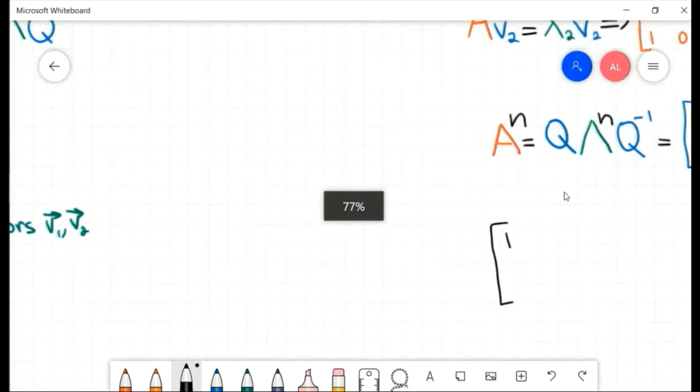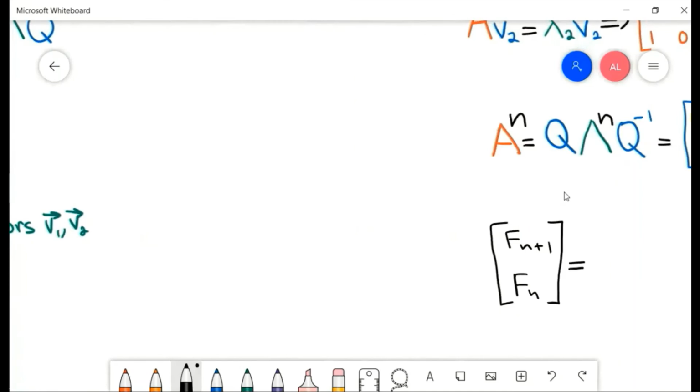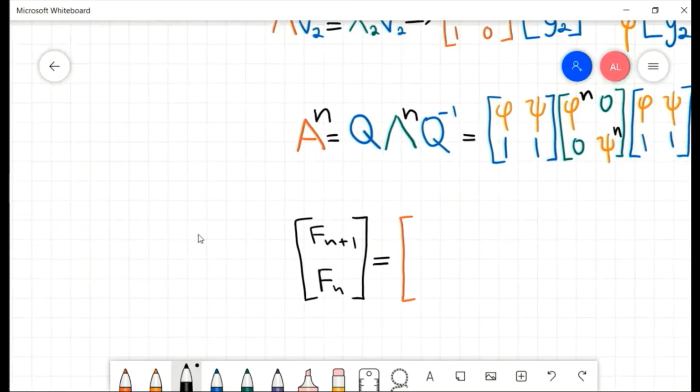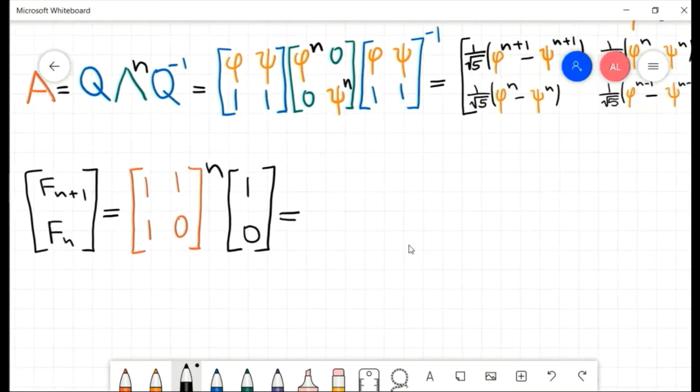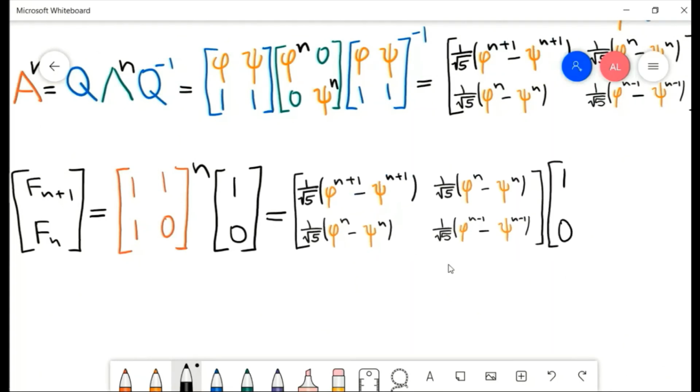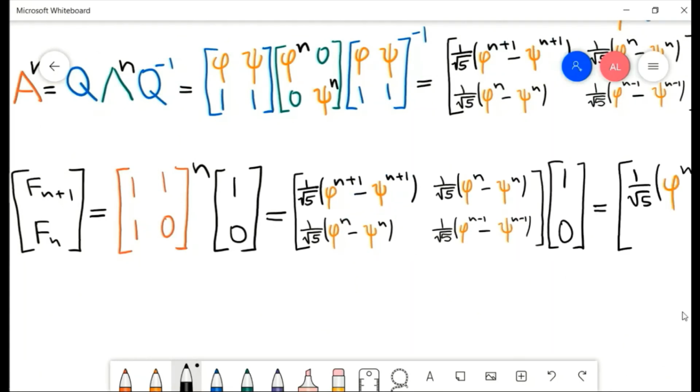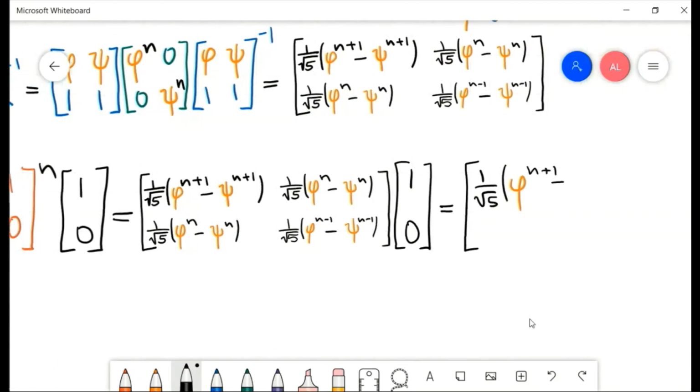So the n plus first Fibonacci vector is equal to our Fibonacci transformation matrix to the n times (1, 0), which is equal to this new matrix times (1, 0), and this is equal to this thing right here. Just like this.